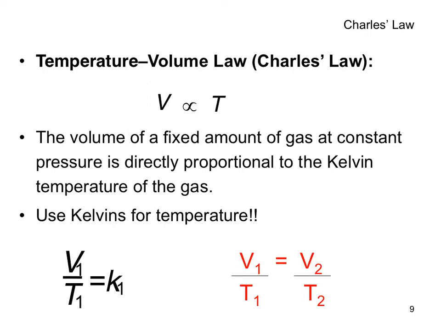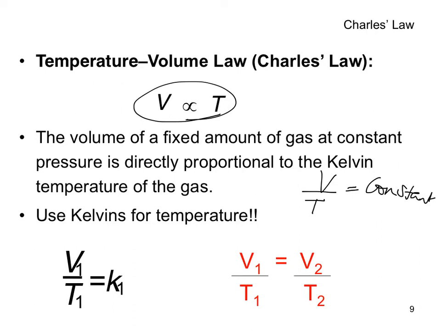What that means is that volume is directly proportional to temperature, and in other words, V over T should be some constant. So one can say if you had two situations where you had an initial volume which is being maintained at an initial temperature, and you're going from that through an expansive process or compressive process to get a new volume, then the temperature will change as well.